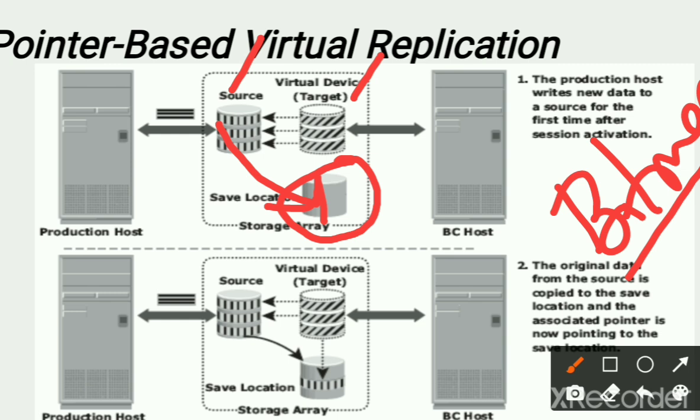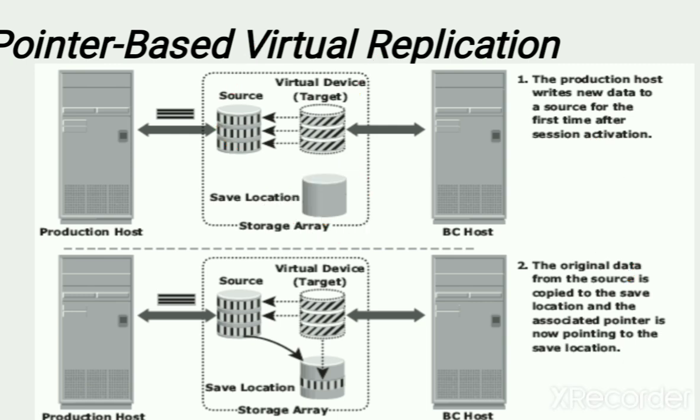So the target is not going to contain any data, please do remember, only the pointers. Now you can check this whole diagram. Initially, the production host writes new data to the source for the first time once the session is activated.